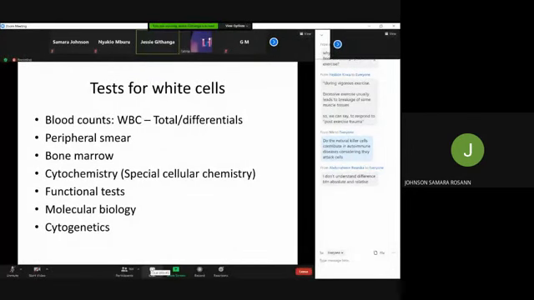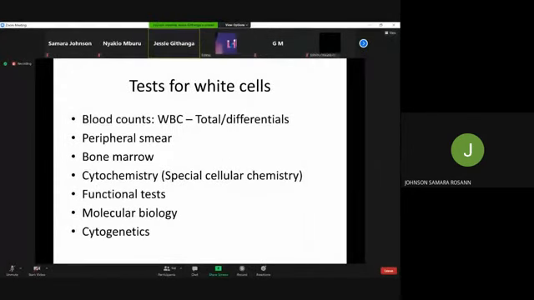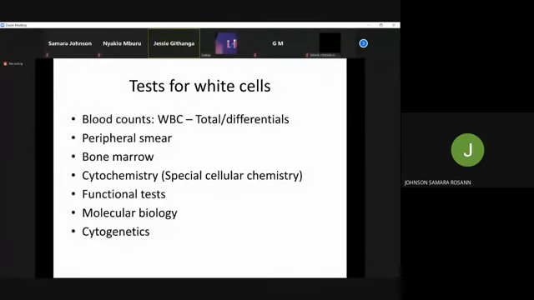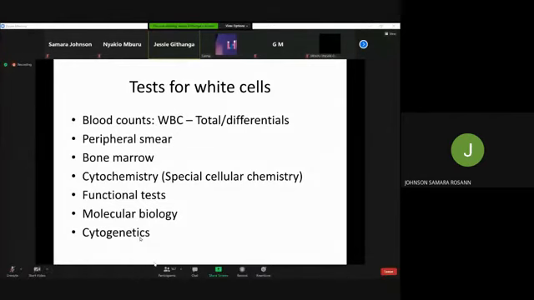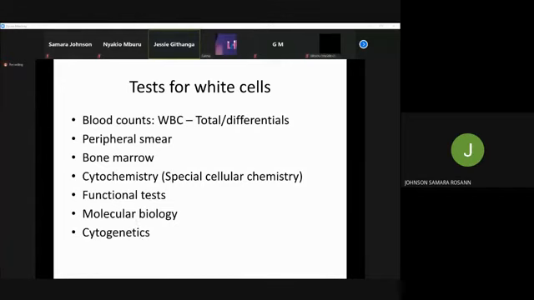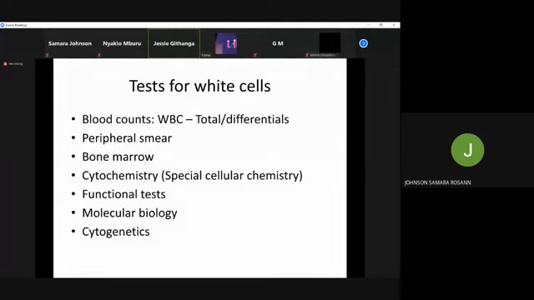Mature cells, we can do flow cytometry to identify those different cells. Then we can also do cytogenetics. Again, this is looking at the kind of chromosomes that are found, especially when we're talking about the neoplastic or the cancerous white cells, where we often do cytogenetic tests to look for the abnormalities that are present.